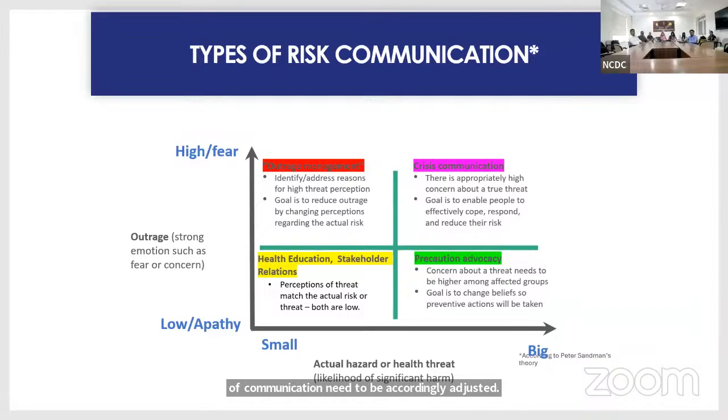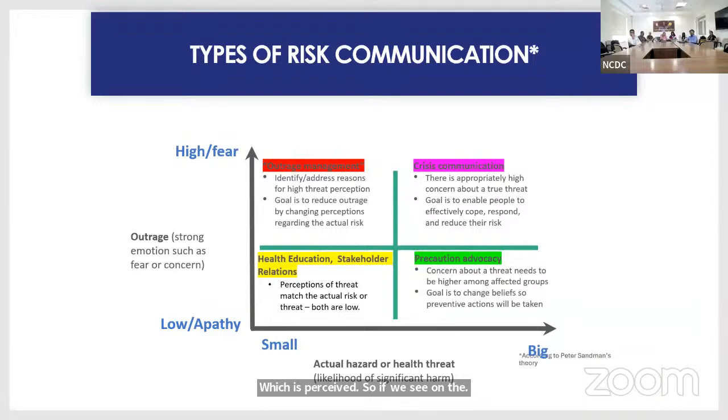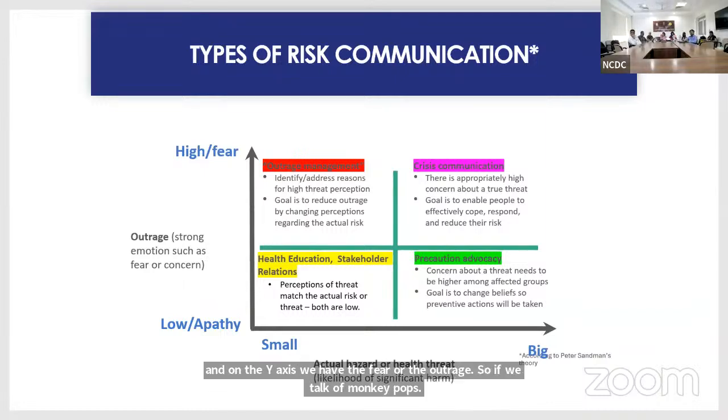This is a type of risk communication which is required for the level of risk which is perceived. On the x-axis, we have the actual hazard or the health threat, and on the y-axis, we have the fear or the outrage. If we talk of monkeypox, there are some stakeholders who are concerned about it.